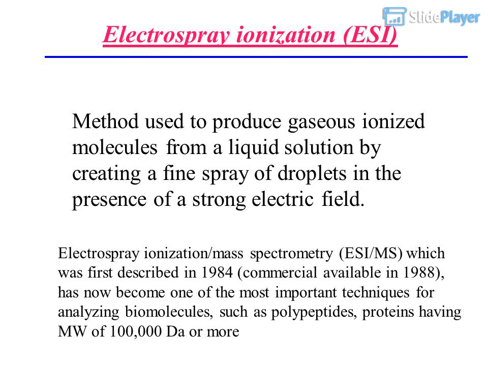Electrospray ionization, ESI. A method used to produce gaseous ionized molecules from a liquid solution by creating a fine spray of droplets in the presence of a strong electric field. Electrospray ionization mass spectrometry, ESI/MS, which was first described in 1984 and commercially available in 1988, has now become one of the most important techniques for analyzing biomolecules, such as polypeptides and proteins having MW of 100,000 Da or more.